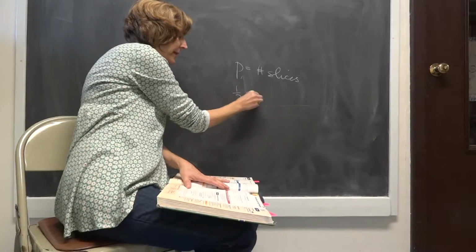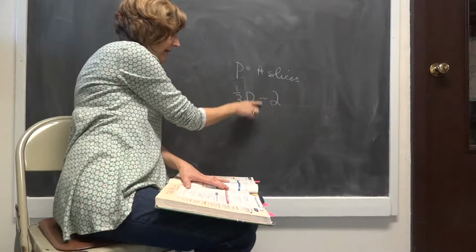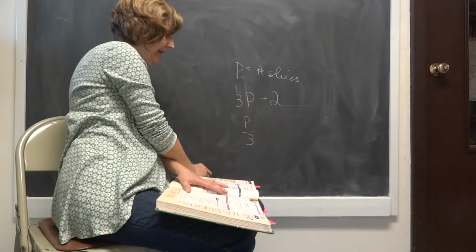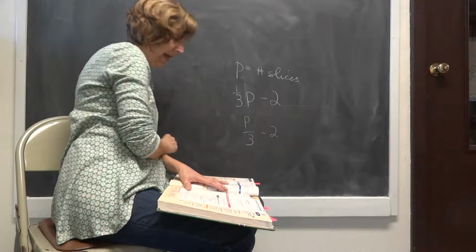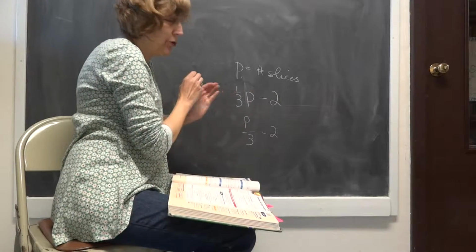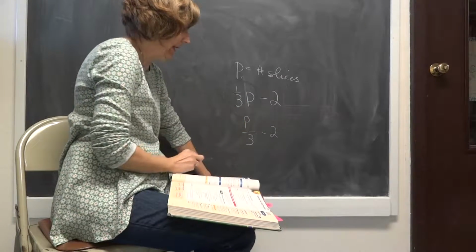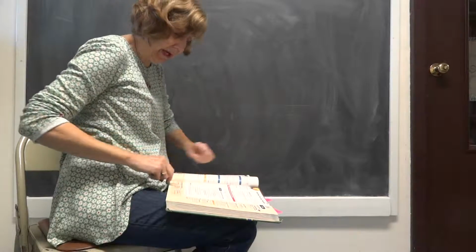So 1/3 of the pizza minus 2. Again, this could be P over 3. It means the same thing. 1/3 times P is the same as P over 3. Take away 2. That's the expression. So when you're reading a word problem, you need to write out the sentence with numbers and letters. And if you use a letter, you have to figure out what that letter represents.